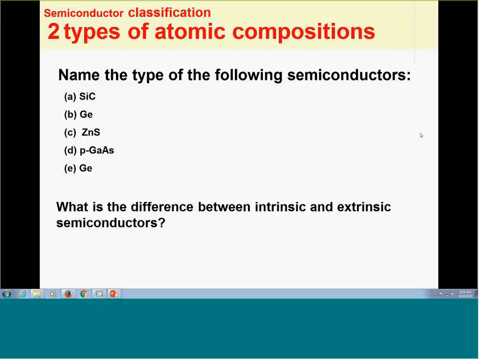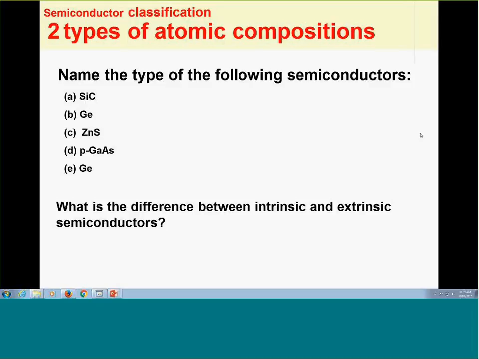The extra electrons or holes will only take part in electrical conduction when the doping element, the one that you add into your host semiconductor, is packed at the lattice site. Okay.